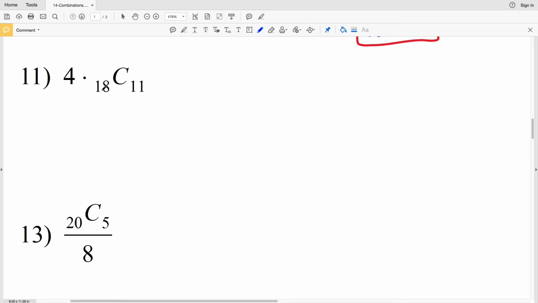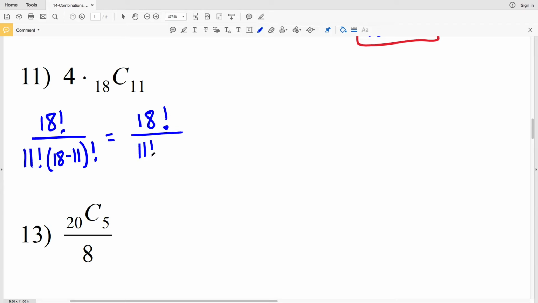In number 14, we have 4 times 18 choose 11. So that's 18 factorial all over 11 factorial times (18 minus 11) factorial. So 18 factorial all over 11 factorial times 7 factorial. Now I'm going to use my calculator to solve from this step.